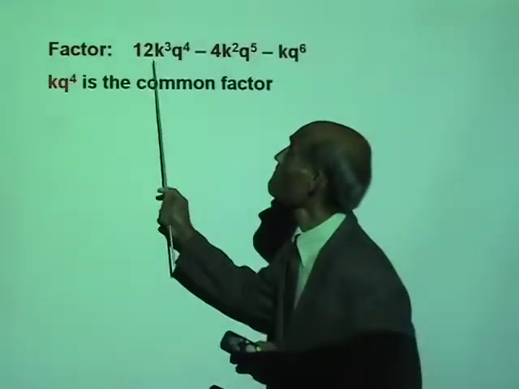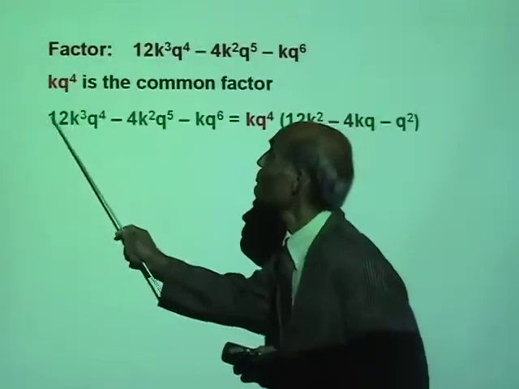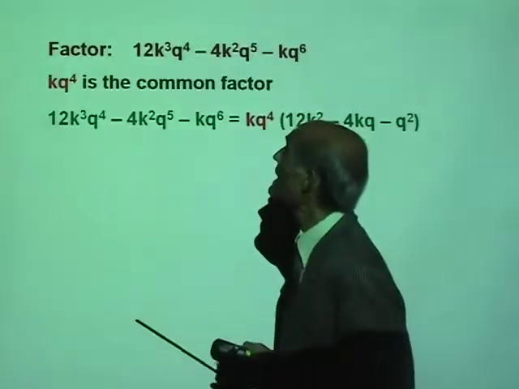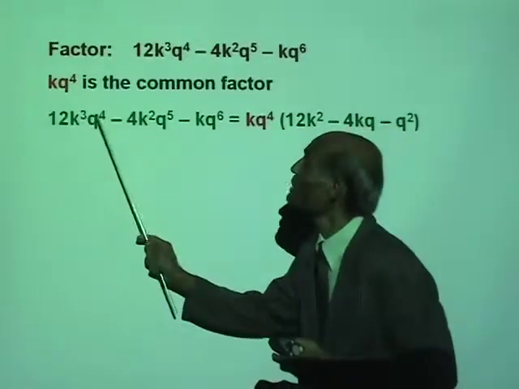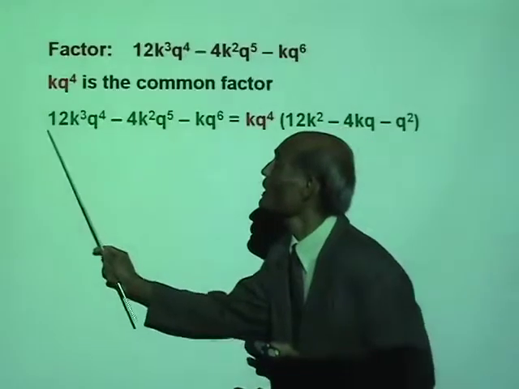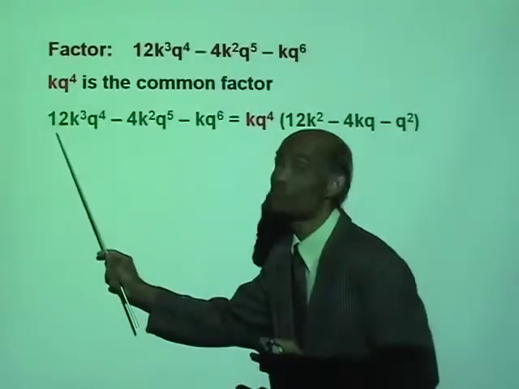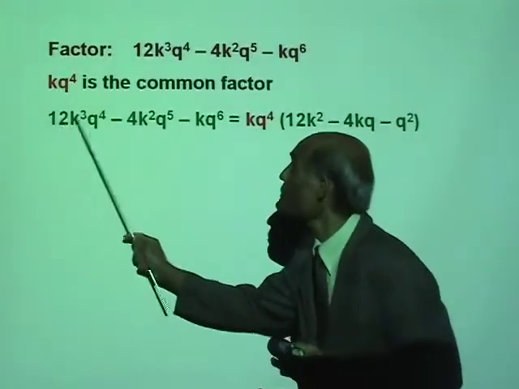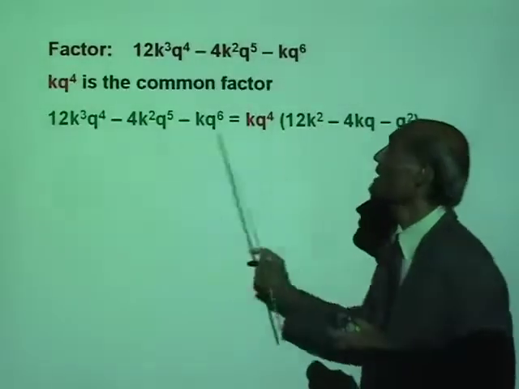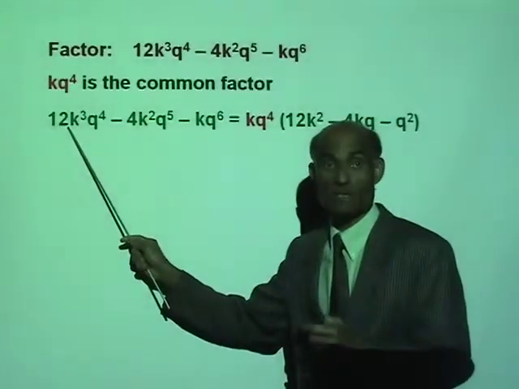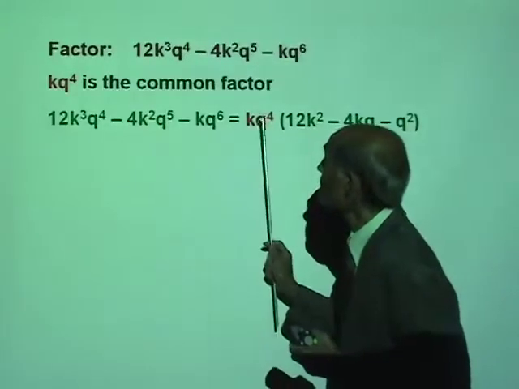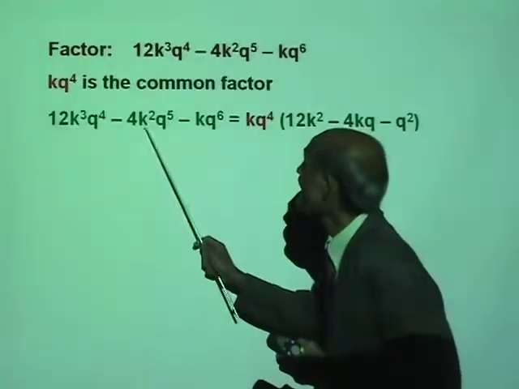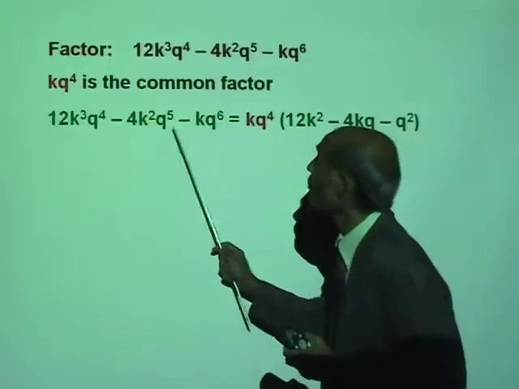Alright? Now, let's write that with the common factor. k q to the power of 4. When k q to the power of 4 is pulled out of the first term, it leaves 12k squared. Is that right? Okay. And now, from the second term, we pulled out a k q to the power of 4.